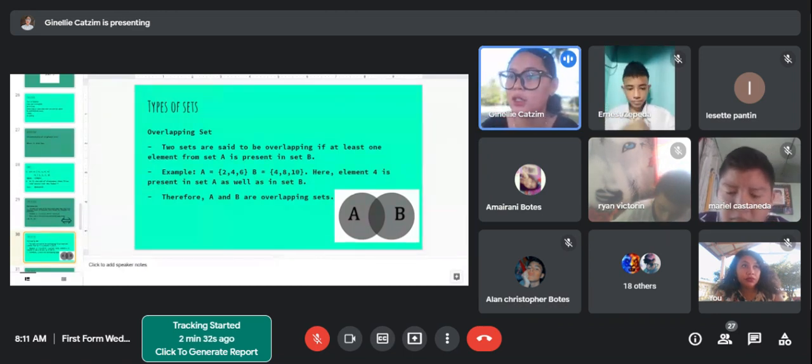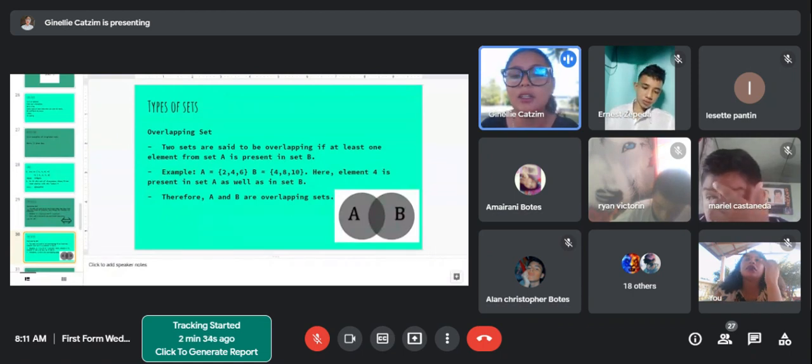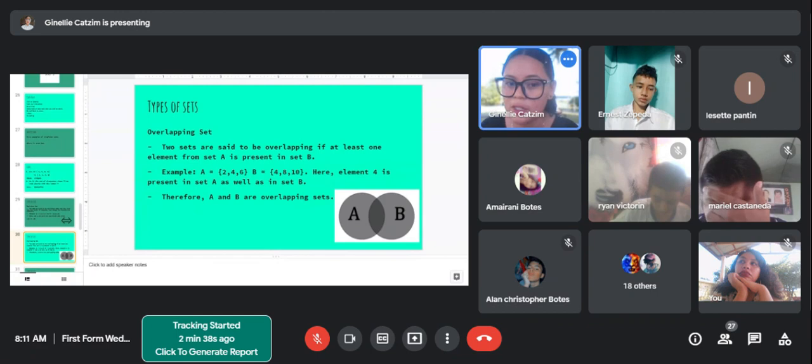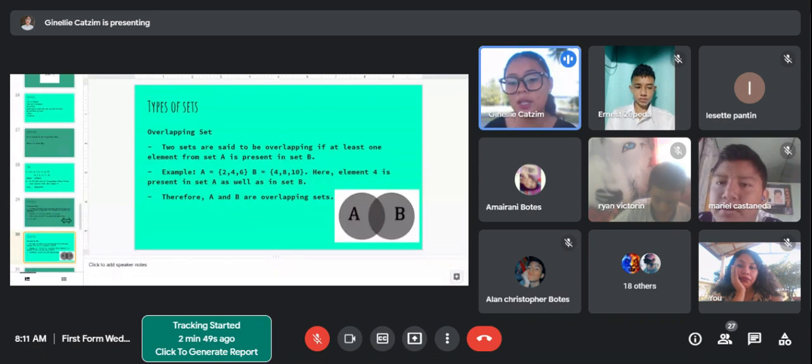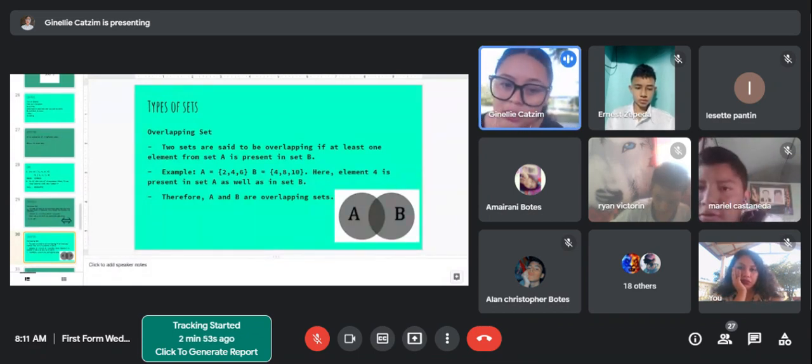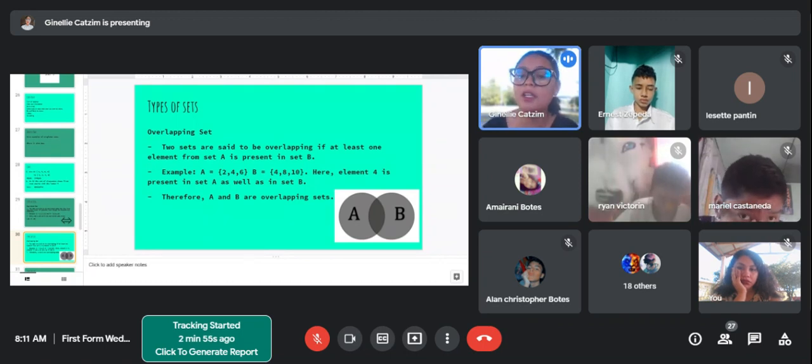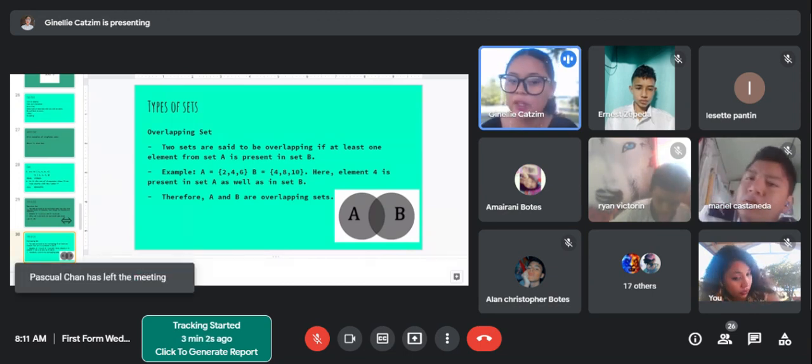It could be one element, two elements, three elements, or all the elements could be overlapping, right? So two sets are said to be overlapping if at least one element from set A is present in set B.